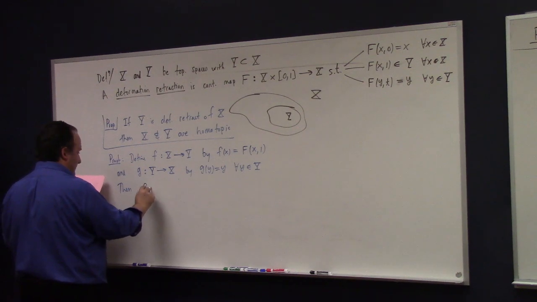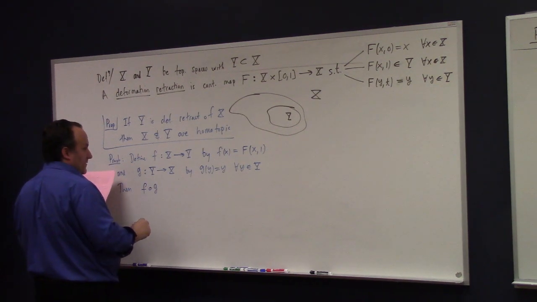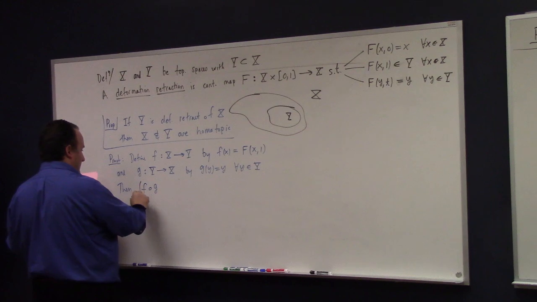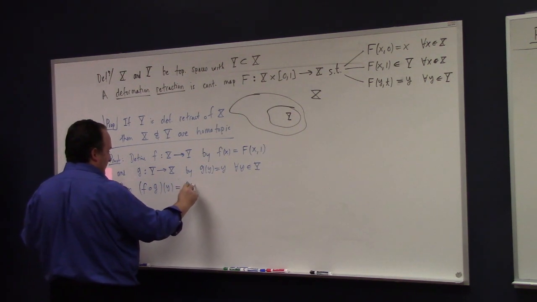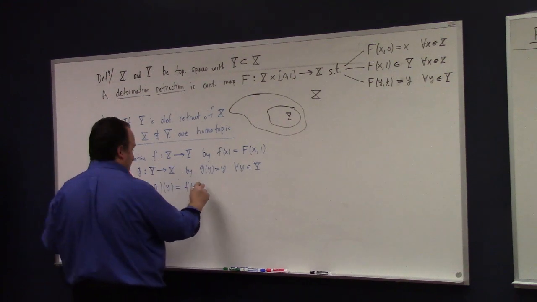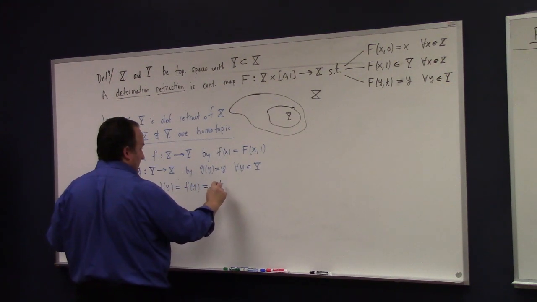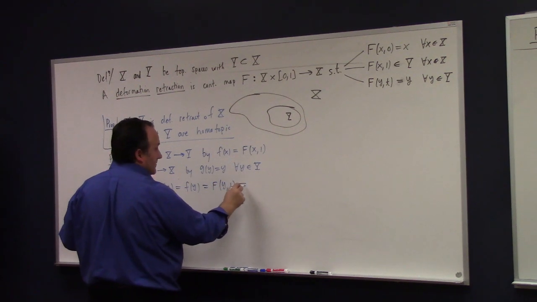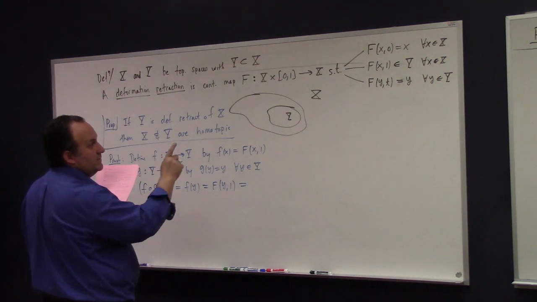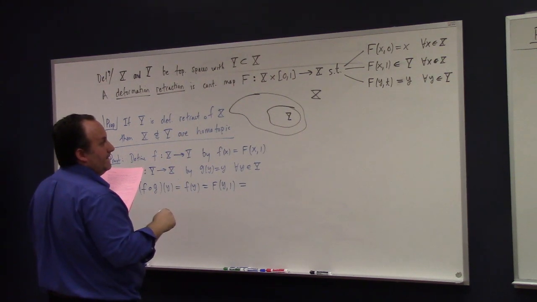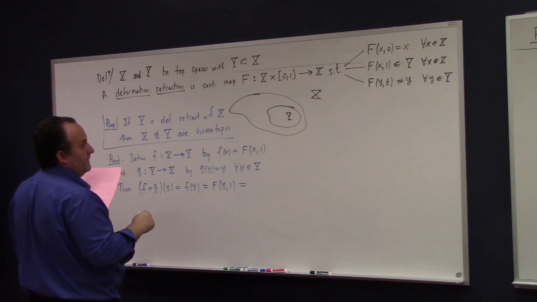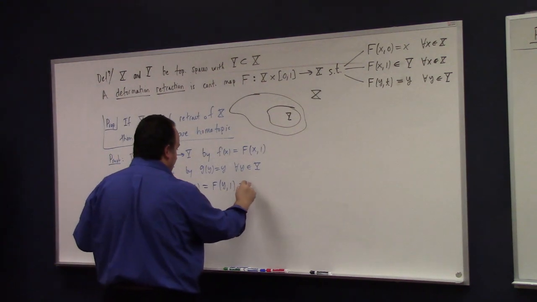Then if we look at f composed with g, well, f composed with g of y is equal to f of y, which is equal to big F of what? y comma 1, which is equal to what? y, right.